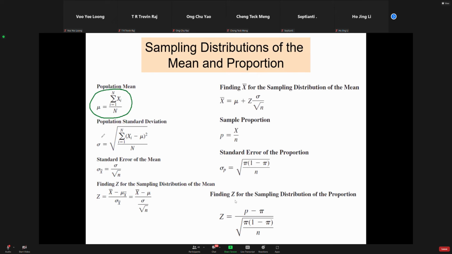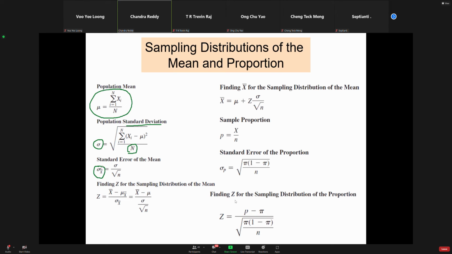Then this is the formula for the population standard deviation, where we use sigma and the population size capital N. Now, when we are dealing with samples, the sample mean and population mean will be the same, but there will be error when calculating the standard deviation for the sample.